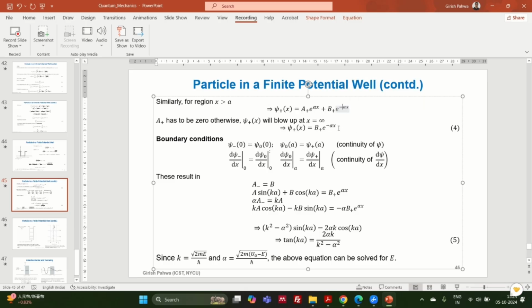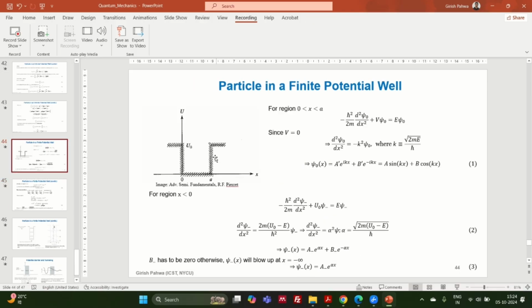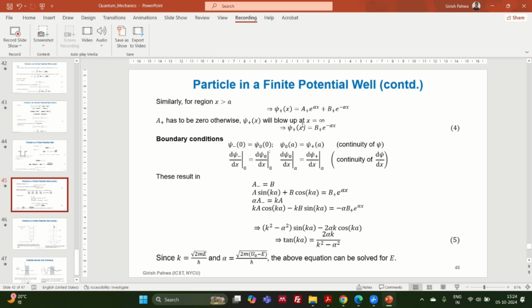So what happens if x tends to plus infinity? This is going to decay as you increase x. So you will have a decaying wave function in this region. So you have decaying like this, then you have oscillations, then you have a decaying wave function. I'll show you the exact plot, but before that, let's talk about the boundary conditions.